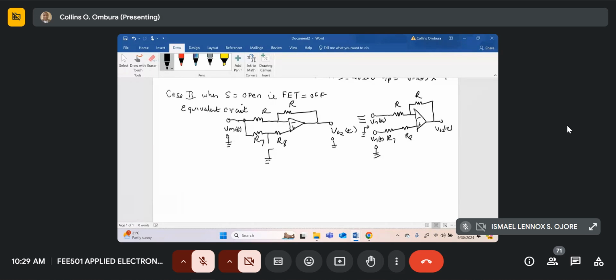Hope everybody has understood that. This is because you're operating the op-amp in its linear region.